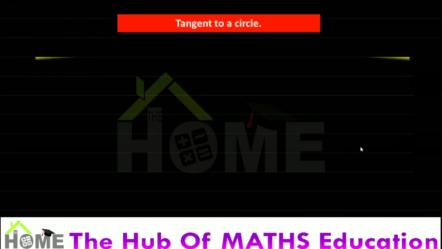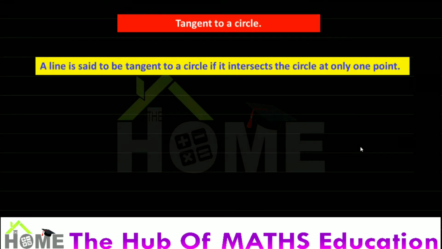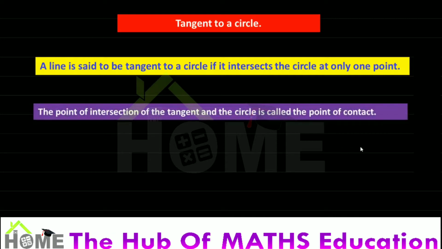Now here we see that a line is said to be a tangent to a circle if it intersects the circle at only one point. And second, this point of intersection of the tangent and the circle is called the point of contact. This is a circle and a tangent is drawn to the circle, and we have seen previously that a tangent intersects the circle in one point only.